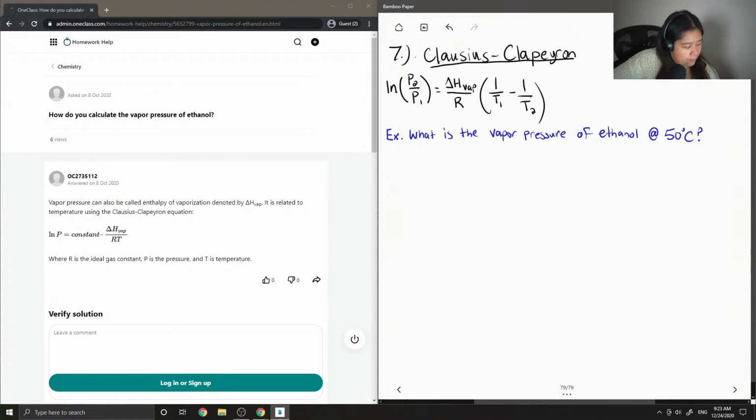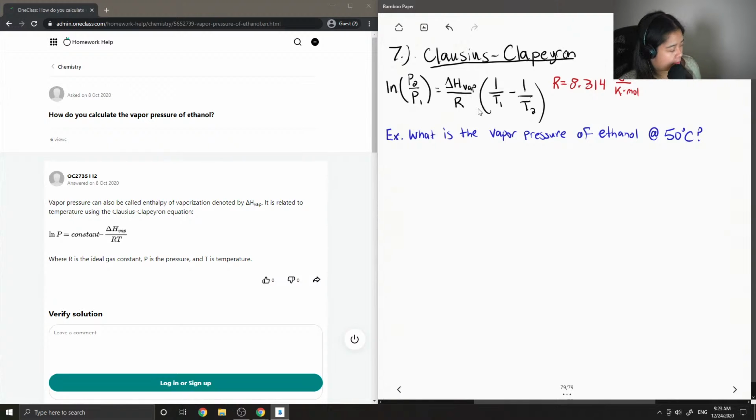Okay, so using the Clausius-Clapeyron equation, R is a constant, so I'll write it down up here. It is 8.314, which is the ideal gas constant, and the units are joules over Kelvin times mole.